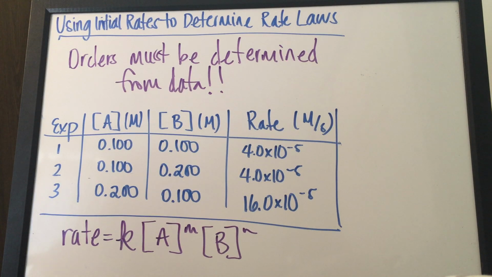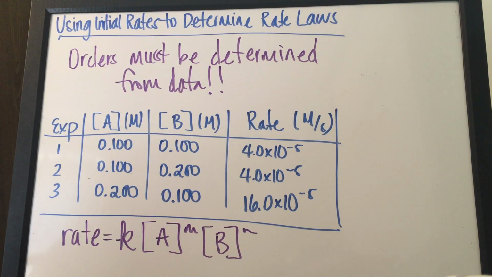It's kind of messy. So the first way I'm going to teach you to solve for M and N is the easiest way, and I call it just a visual inspection of the data. So some of you are going to like this, and some of you might not really understand it, and that's okay. There's going to be another way that's a more mathematical approach. So again, the goal here is to find M and N.